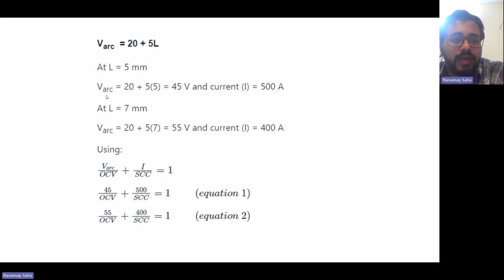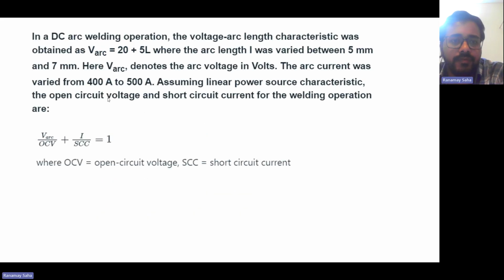Now V arc equals 20 plus 5 into L, replace L with 5. It becomes 45 volt, and then current was 500 amp. At the same time when length was 7 mm, the current was 400.